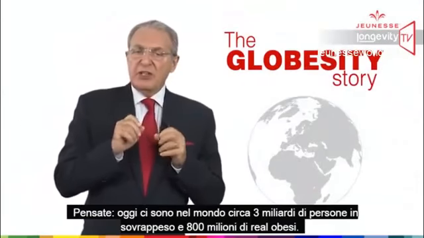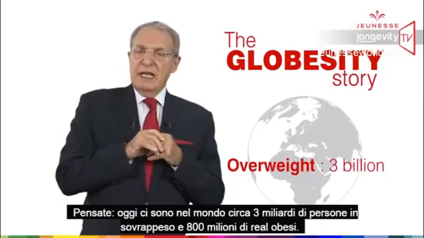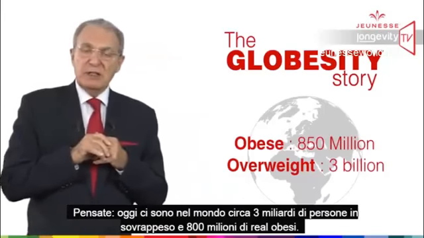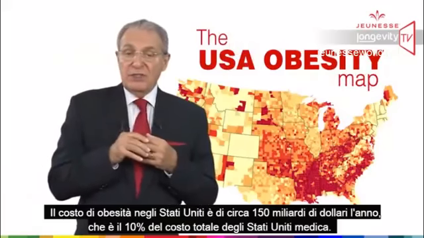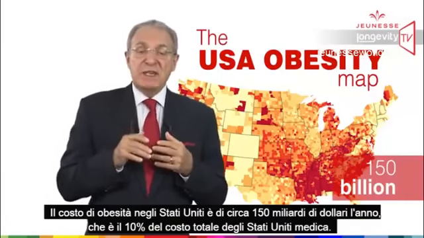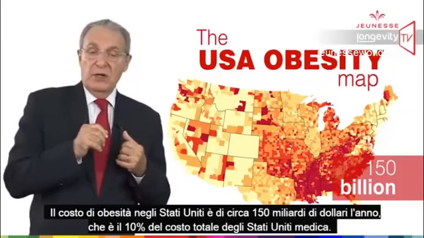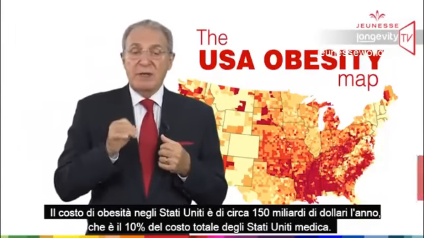Think about today, there are about 3 billion people overweight and 800 million really obese in the world. The cost of obesity in the United States is about 150 billion per year, which is 10% of the total US medical cost.